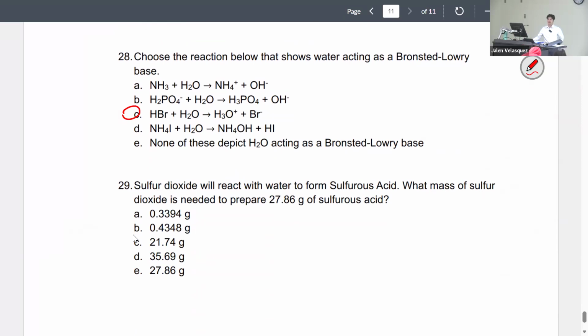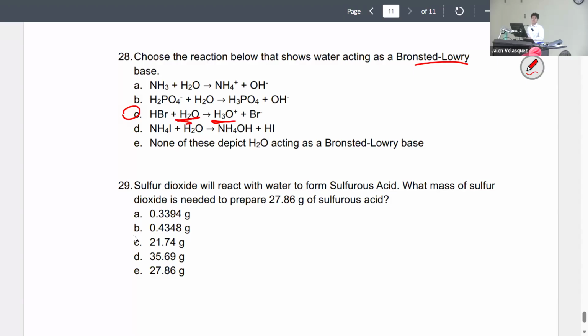So we say water is amphiprotic. Now, we know a Bronsted-Lowry acid will donate protons, lose protons, whereas the Bronsted-Lowry base will accept protons, right? So here, water accepts, it gains one proton. So that's why it's a base in that scenario.